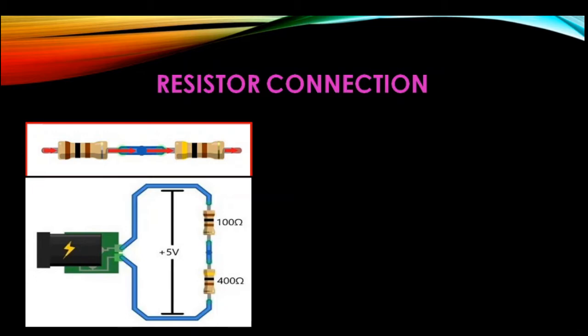I know what a series connection and a parallel connection are, but how do I determine in a circuit whether it is connected in series or in parallel? Here for the resistance R1, the terminal 2 is connected with the terminal 1 of resistance R2. Only at one particular point the connection is established. When only one terminal is connected, it is called a series connection.